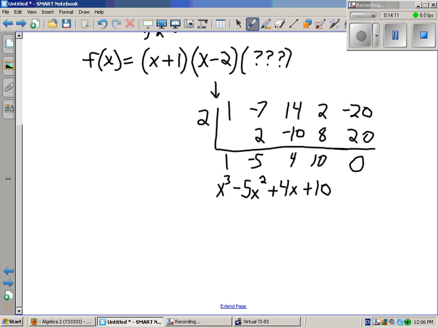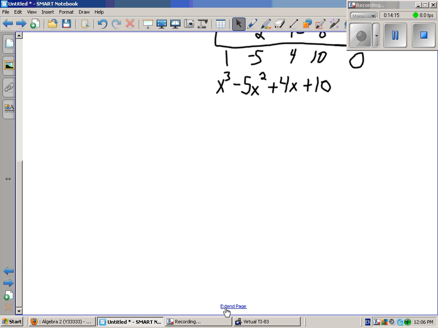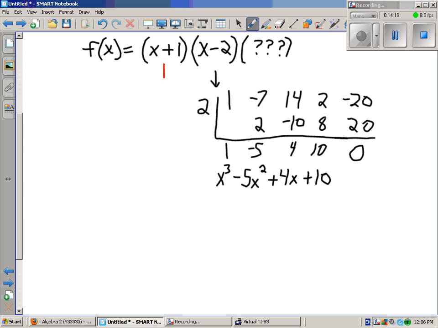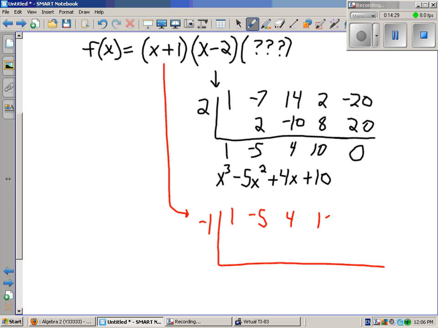All right, now we need to divide -1 into what's left. So I have a -1 going into the 1, minus 5, 4, and 10. I'll work through this real fast.